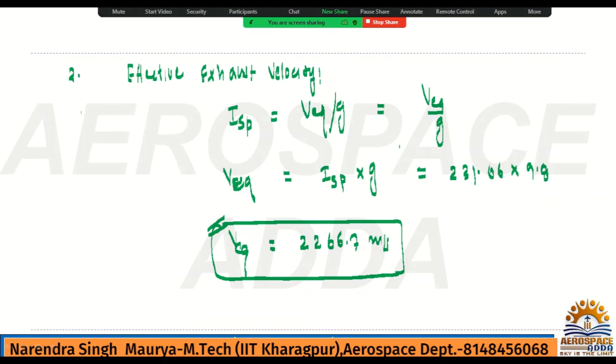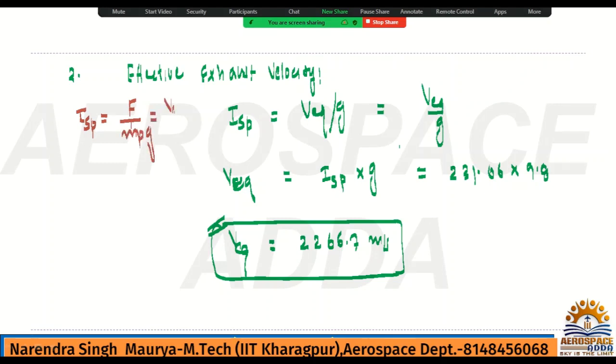Please check the value of this formula. If you remember, we had proved ISP is equal to F divided by m dot p into g. What is the F?